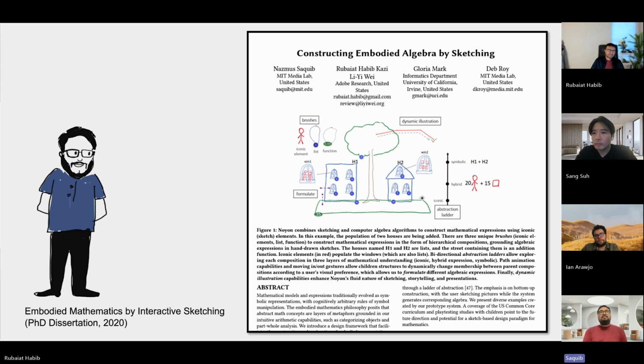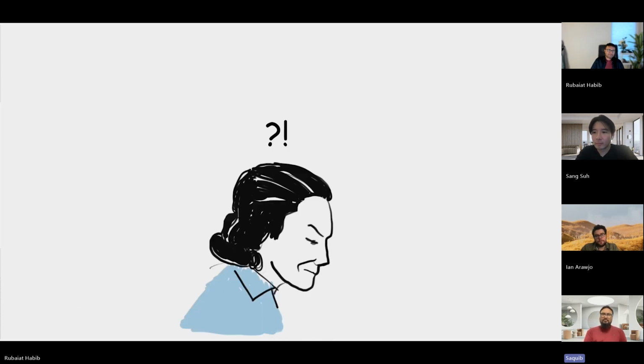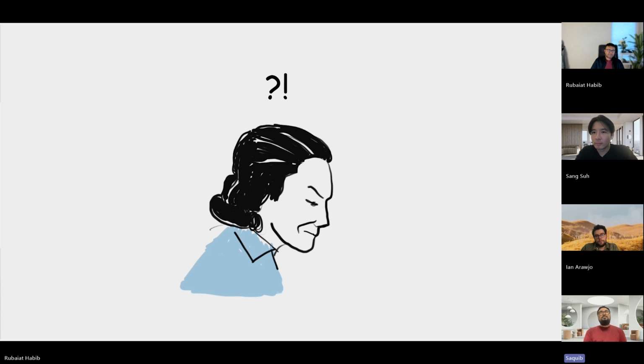And as I said, algebra doesn't have to be only symbolic. You can do picture-based math, so what would that look like? And of course, Feynman at this point would be thinking, how would you do that? Because physicists and mathematicians and the experts are so used to thinking in symbols that they probably can't imagine doing sophisticated mathematics using just pictures, or using embodied mathematics.